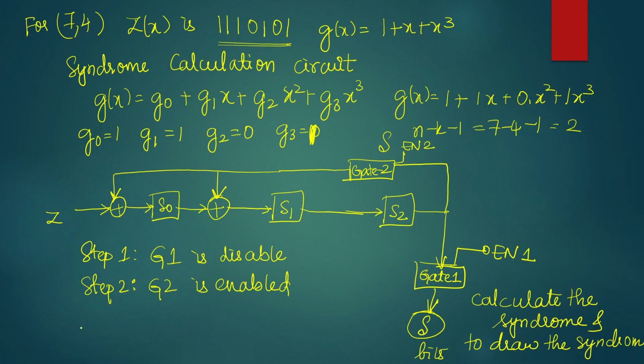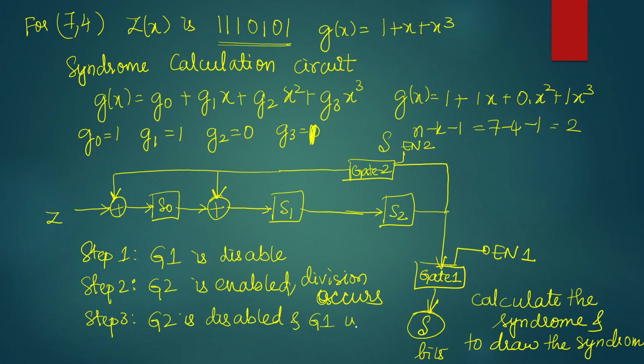Once I exhaust all the data bits that are received, then in step 2, while G2 is enabled, division occurs. When division is over, in step 3, assume G2 is disabled and G1 is enabled to get S of x. So this is the procedure that we follow to obtain the coefficients of the syndrome polynomial.